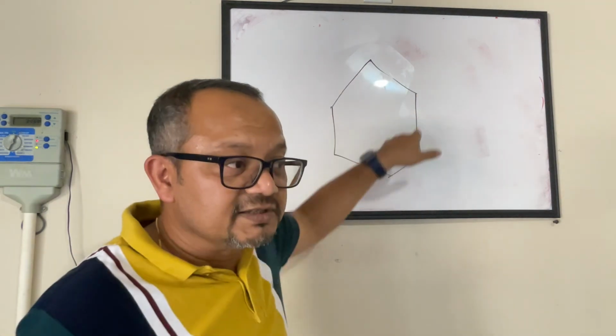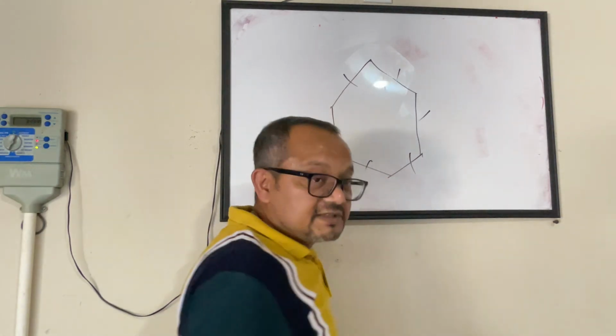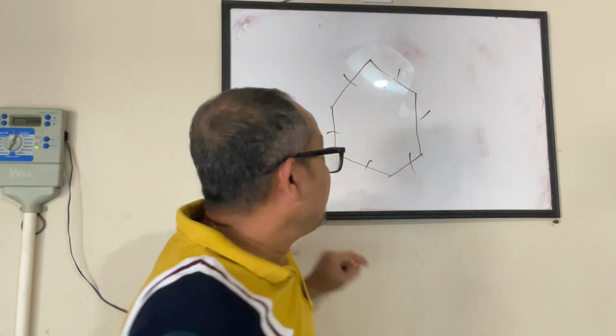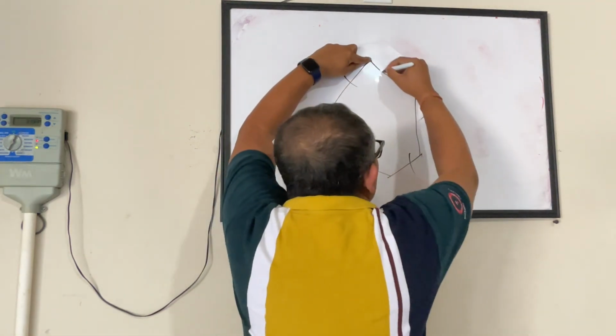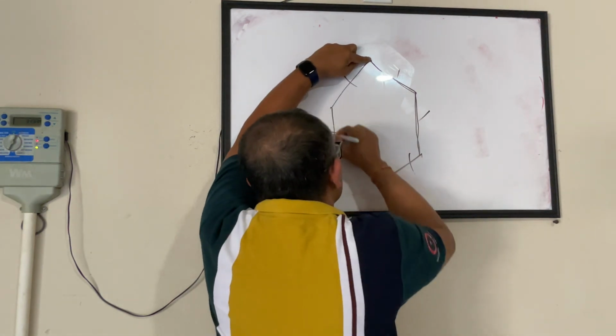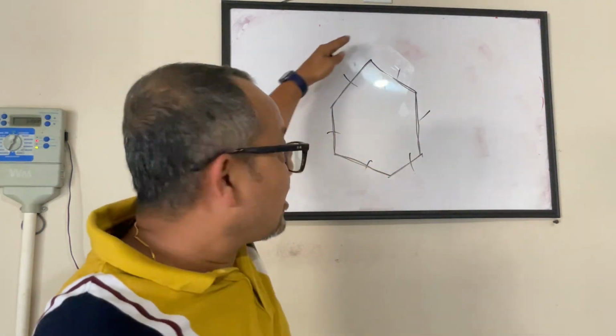It has 6 sides. 1, 2, 3, 4, 5, 6. It's called a hexagon. Somebody says, find out the perimeter of this. Meaning, you will find this length, this length, this length, this length, this length, and this length. That is the perimeter of a hexagon.